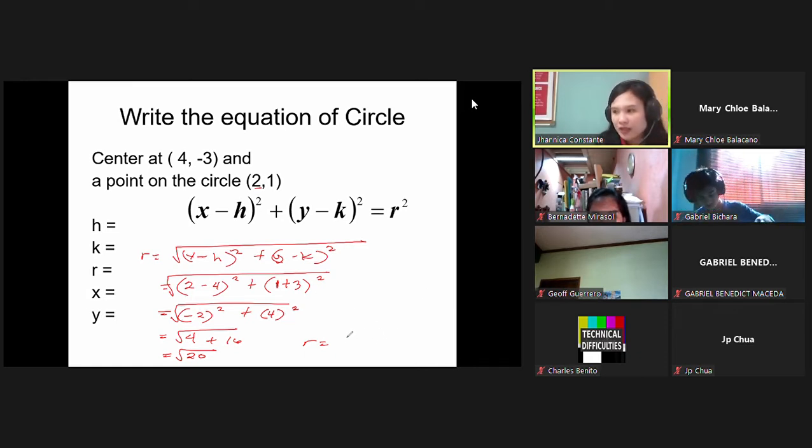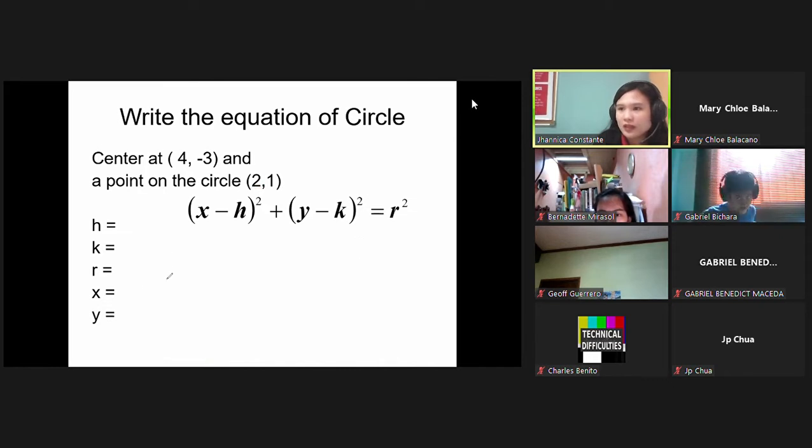Let's use one decimal point. We have 4.5 as our radius. Since we already have the radius, we can now proceed in solving the equation of our circle. So radius is equal to 4.5, value of h is 4, k is negative 3.